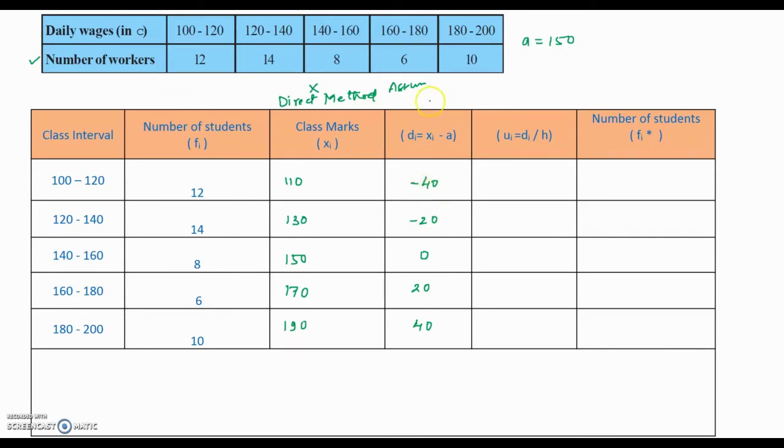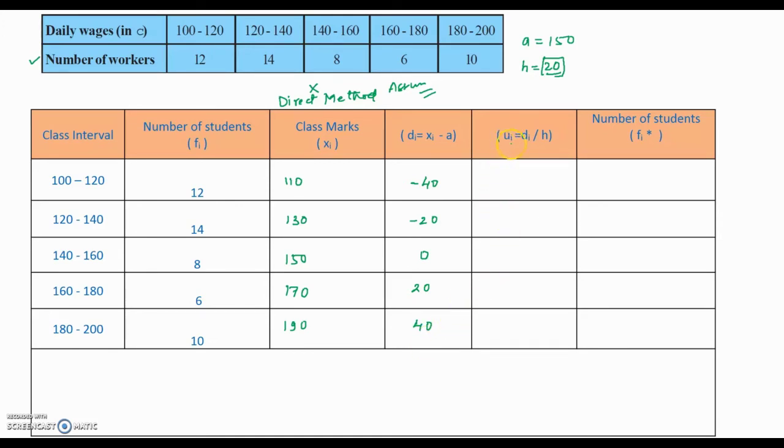So assumed mean can be applied, but we can further simplify it by dividing by a common factor. And what is the common factor that we can take? The common factor that we can take is 20, because we see 20 as the common factor that we can get all these numbers to divide by.